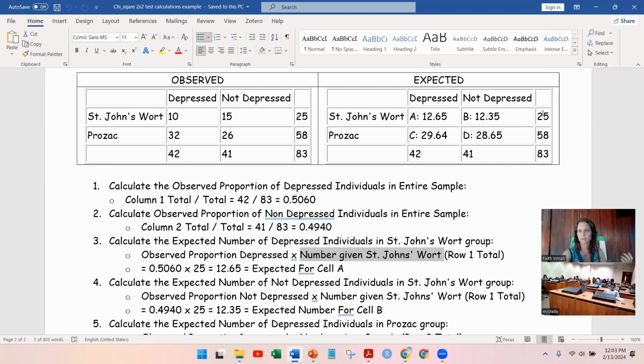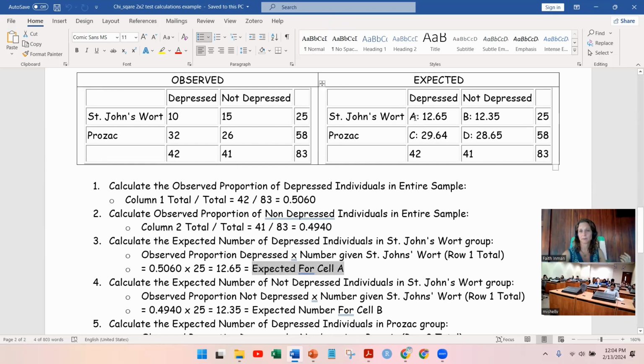So we would expect the observed proportion of depressed, 0.506, that's our proportion from up here, times 25, which is our total number given St. John's wort from here. And that's our expected number for cell A.